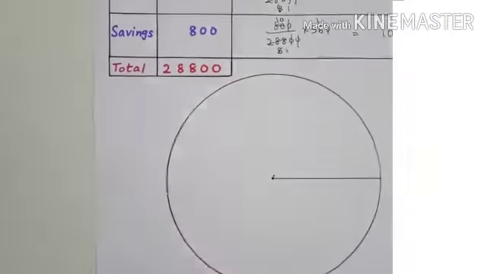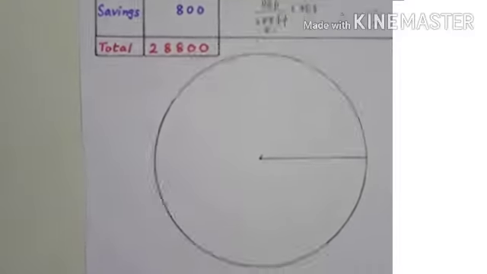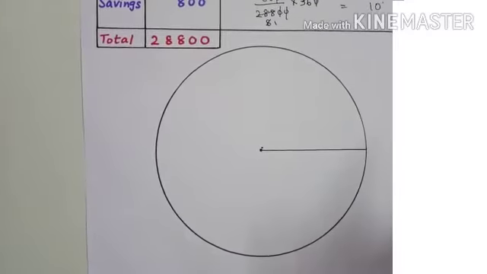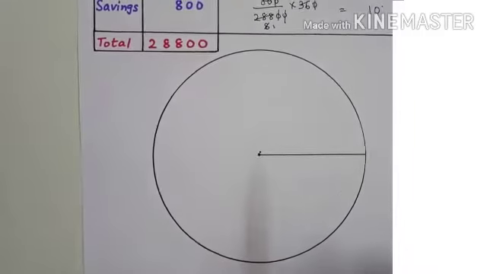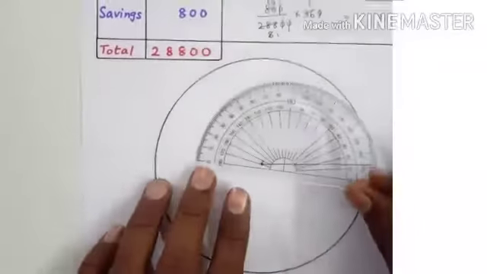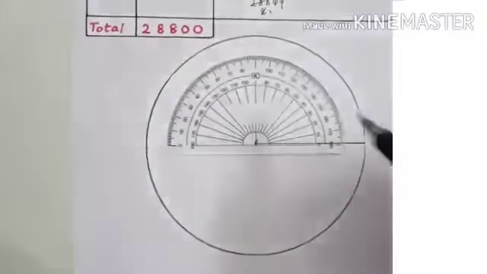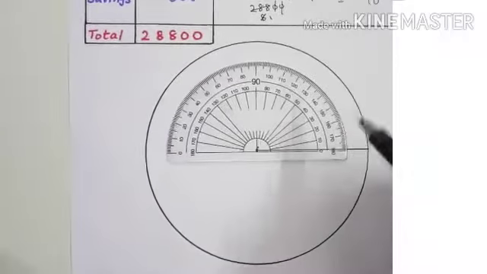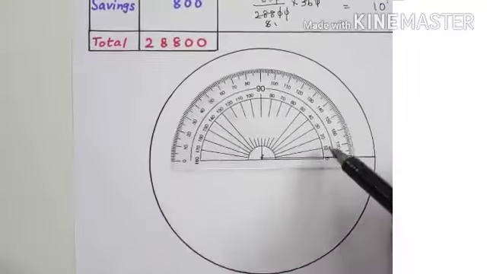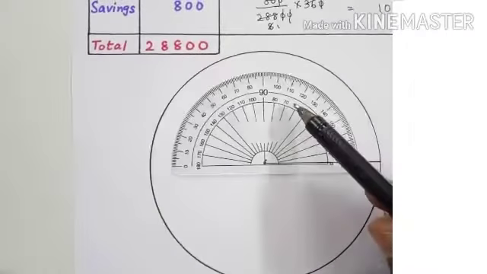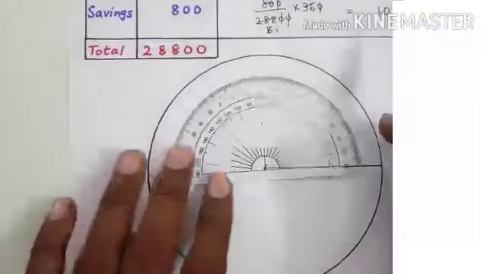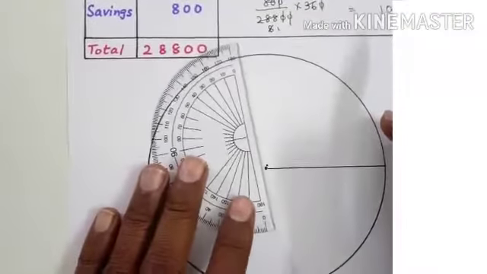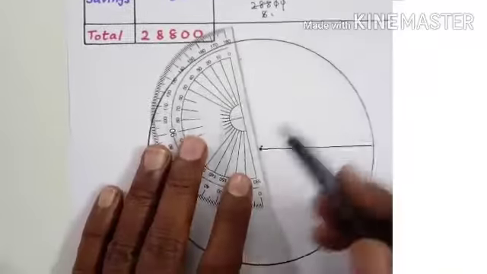On this horizontal radius, first I will construct the 100 degree angle for the expenditure of 8,000 for rent. By using this protractor, we will count 0, 10, 20, 30, 40, 50, 60, 70, 80, 90, 100. 100 is here. So I will draw a 100 degree angle with the help of this protractor.